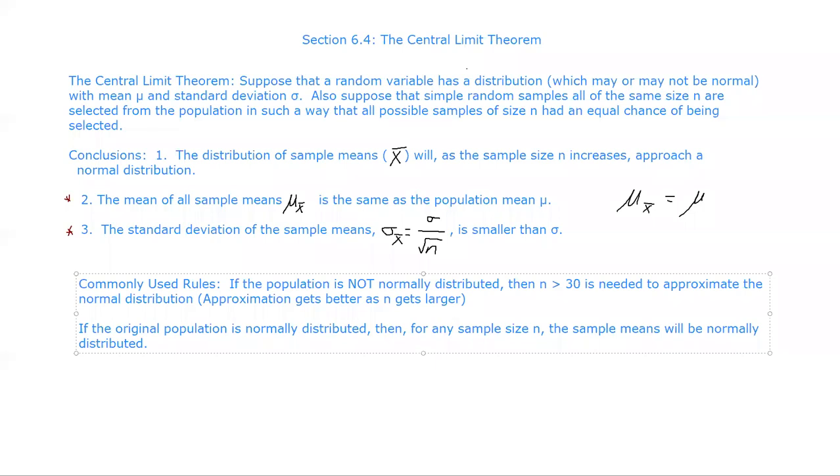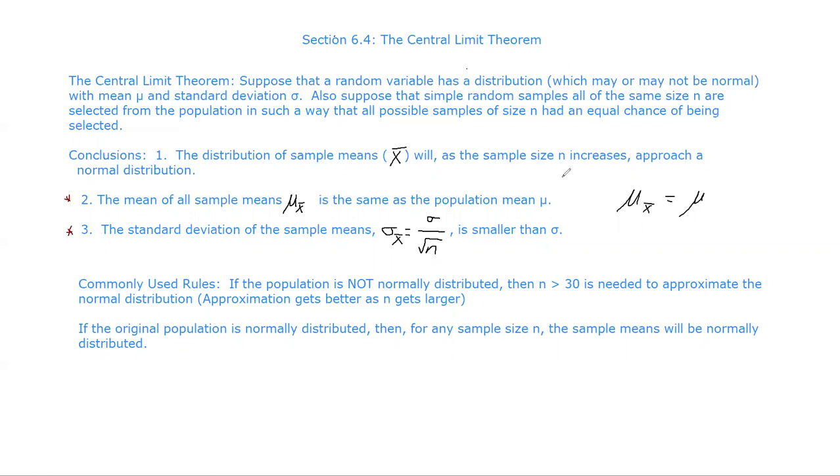So before we look at an example, let's look at some commonly used rules that we're going to be using for the central limit theorem. Now, remember at the start that right up here, it says that the random variable does not need to have a normal distribution, but that its sample means will as the sample size increases.